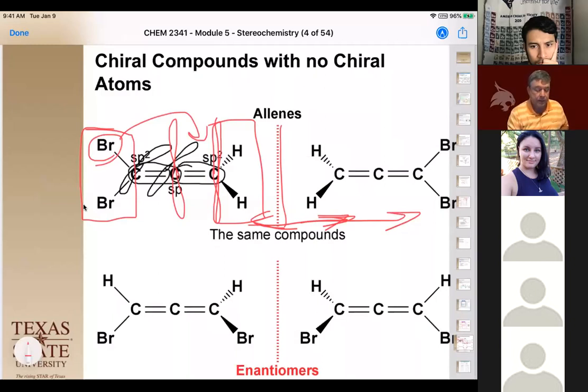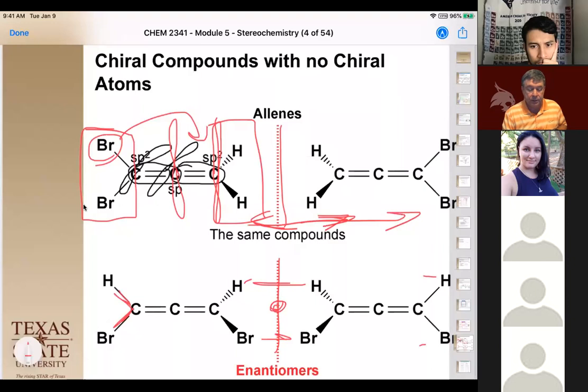Again, this is locked in the plane because of where the p orbitals are. This is locked in the other plane because of where those p orbitals are. And when we draw our mirror image, we have our hydrogen back, our bromine forward, and these at the same place. And if we try to rotate that around, the hydrogen and the bromine on this side would be opposite each other. And therefore they do form a pair of enantiomers, even though there's not a single chiral carbon in the system.